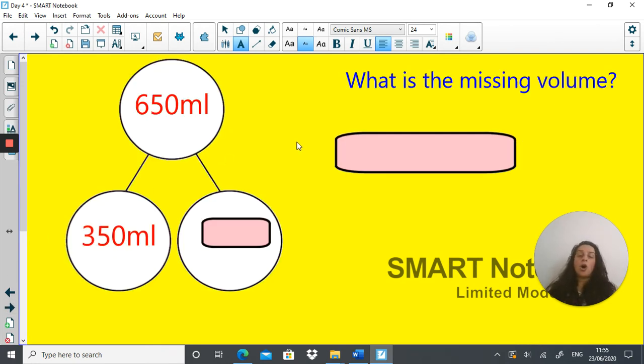Now, using our part-whole model again. You remember from when we did this last week, the number here is the sum of the add-ins that come out of it. So 350 plus something equals 650 millilitres. What number sentence can you write to work out the missing figure?